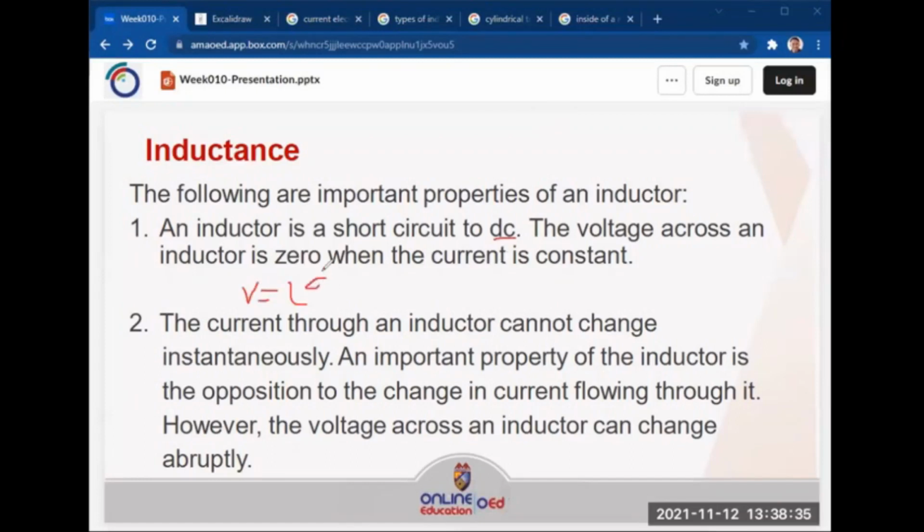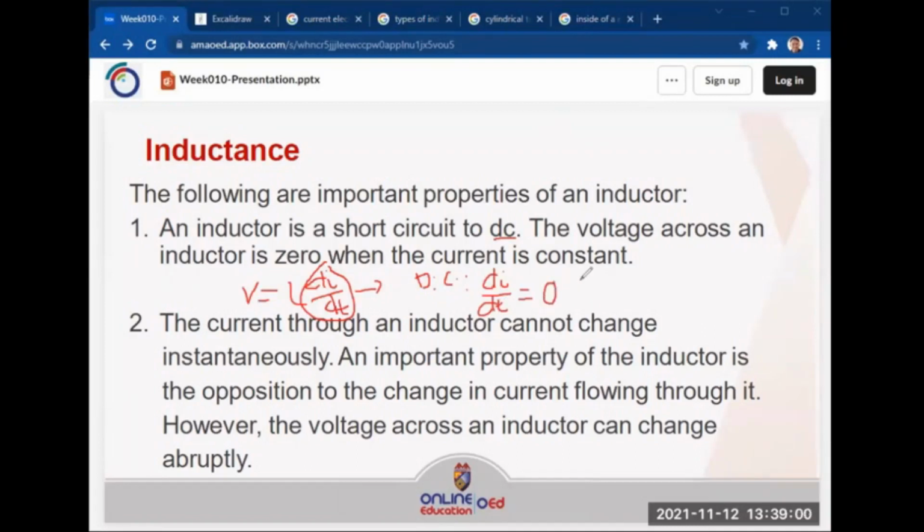Let's go back to the formula for the voltage of an inductor: L di/dt. This is the change in current. But in DC, there is no change in current, so di/dt is equal to 0.